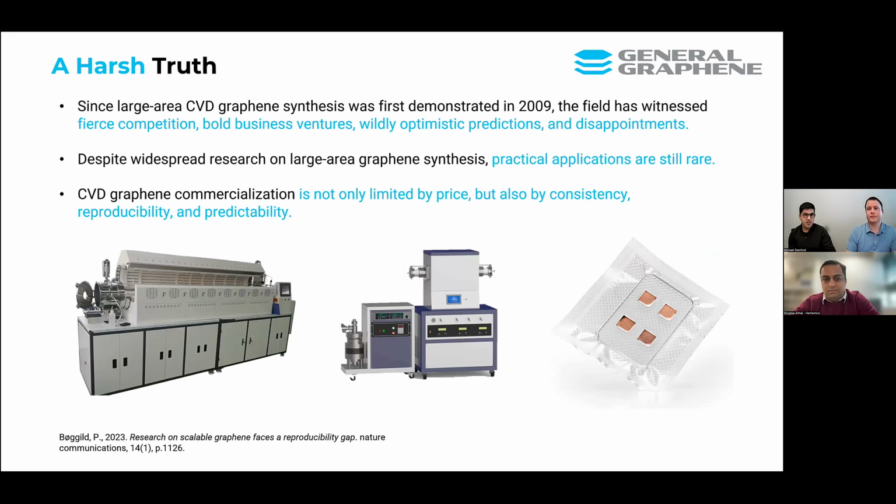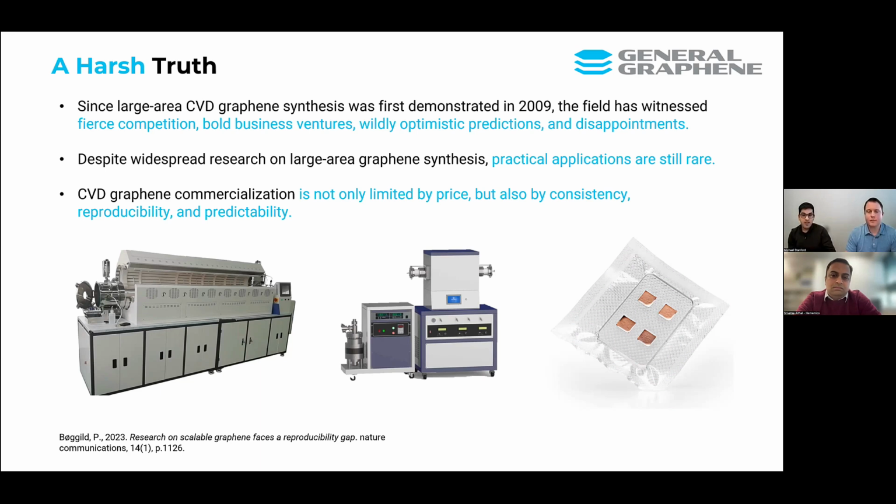So on the CVD side of things, there are a few realities that we've seen in the field. Since its first demonstration in 2009, the field has really seen a mix of fierce competition with a lot of bold business ideas and ventures coming about. These ultimately drove optimistic predictions and projections, which is what led to the disappointment and disillusionment which we described earlier.